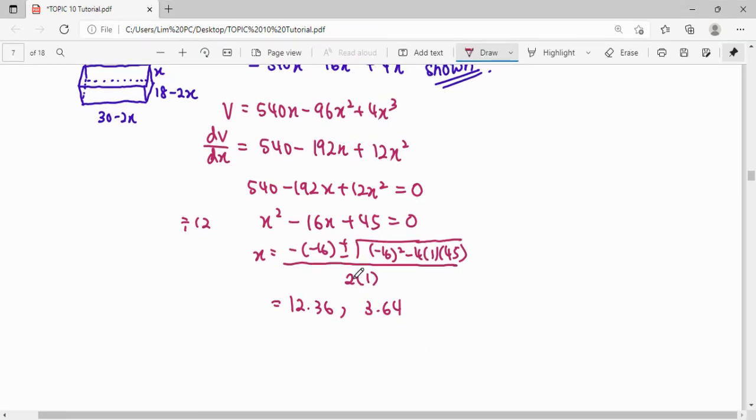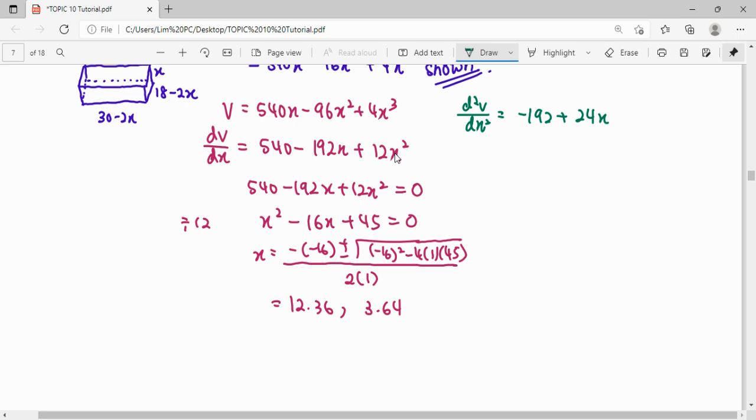After getting our critical values, we're going to use the second derivative test to verify them. So we differentiate V with respect to x again. This time will give us negative 192 plus 24x, with the power moved to the front.